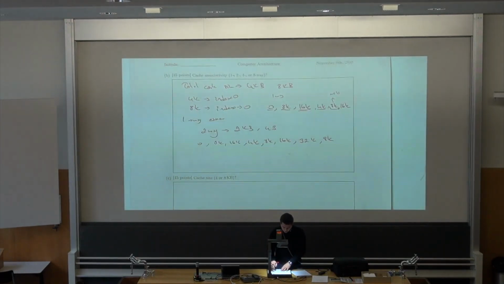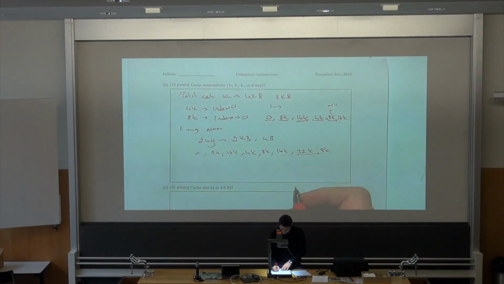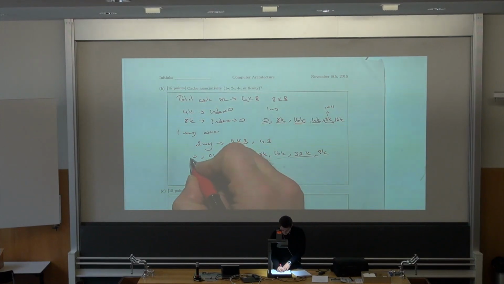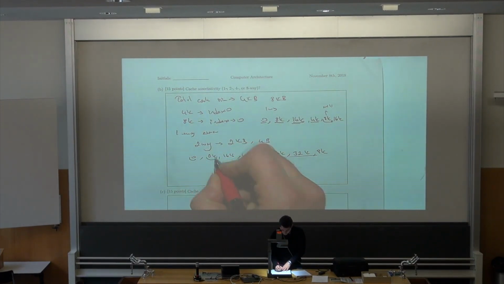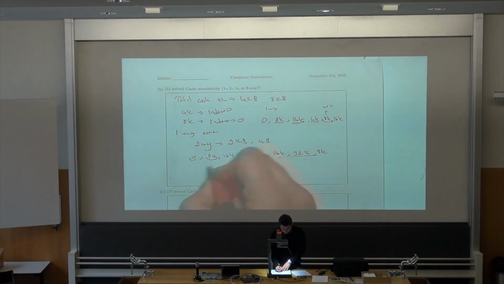So for the 2-way, it's kind of similar. Again, these are the accesses, and for 2-way, I will have this one and this one for the first 2 accesses, and then I'm going to replace with 16K either of these, and then again replace with 4K either of these.